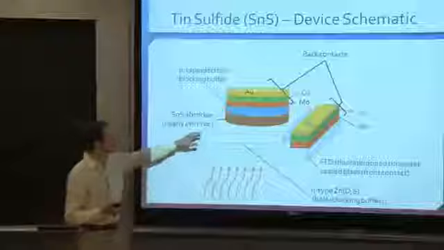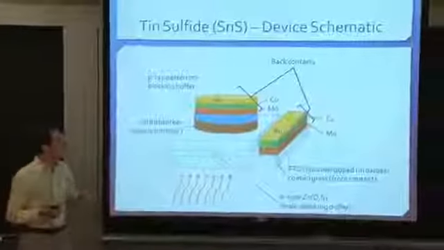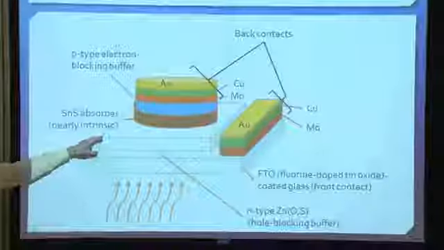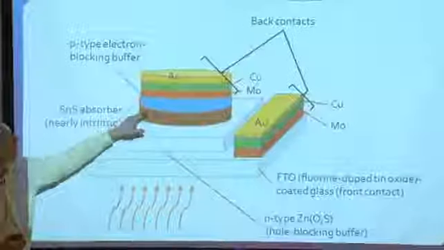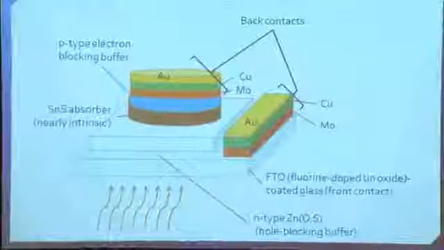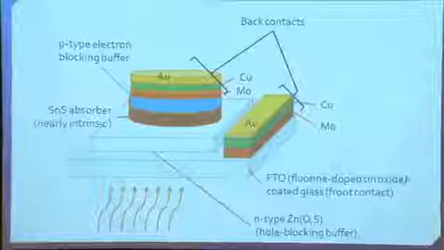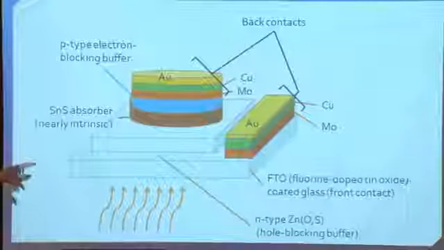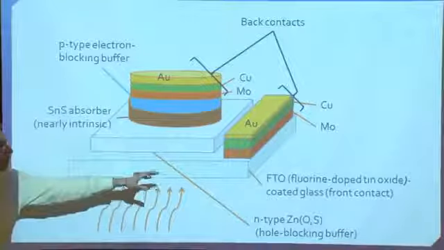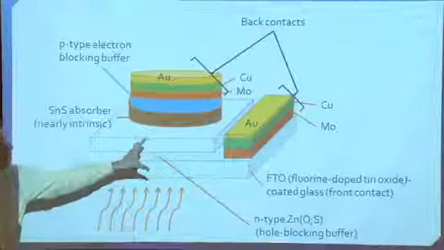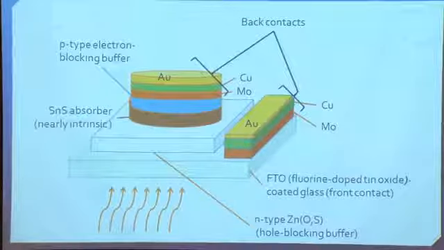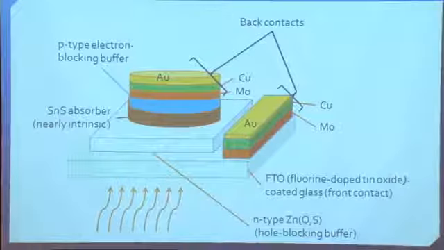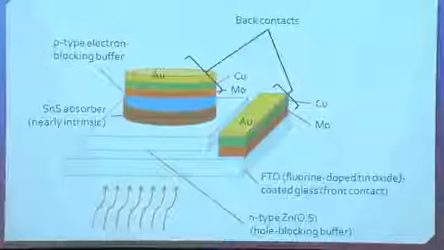And then this layer here is the tin sulfide absorber. And you can see that on either side of it, there is a hole blocking layer and an electron blocking layer, which prevents charge from flowing in the opposite direction that we want it to. And then both the absorber and the front contact have these metal stack electrodes patterned onto them, onto the same side, of gold, copper, and molybdenum.